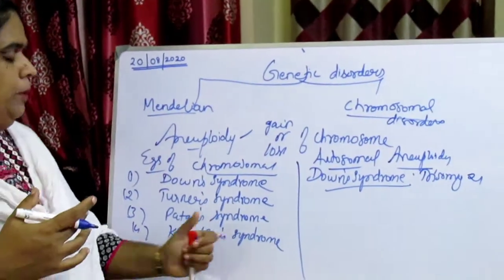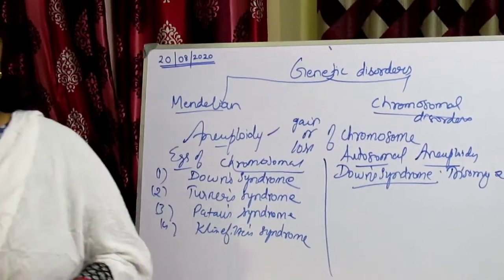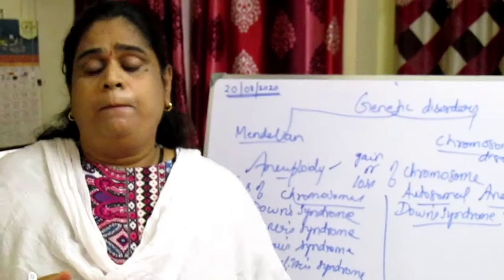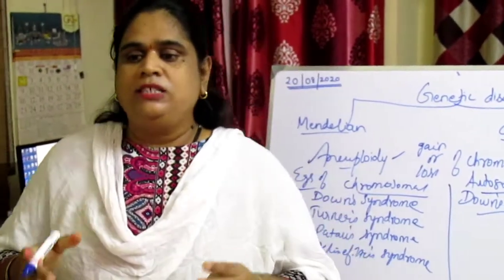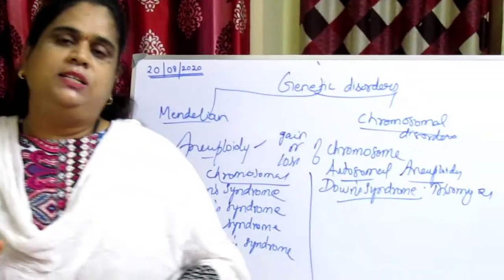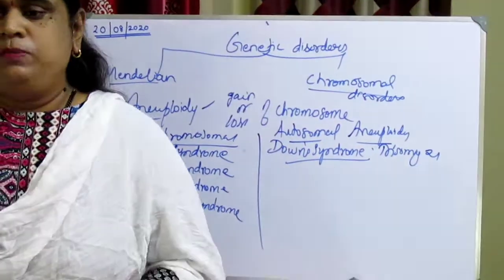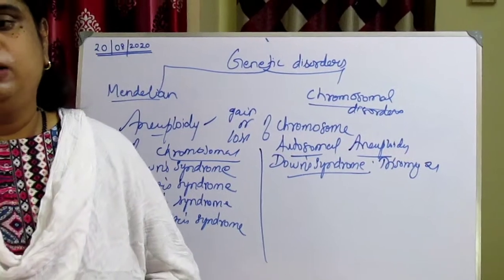Now we'll talk about Patau syndrome. This is caused by a chromosomal abnormality in which some or all cells of the body contain extra genetic material from chromosome 13. This extra genetic material disrupts normal development, causing multiple organ defects.